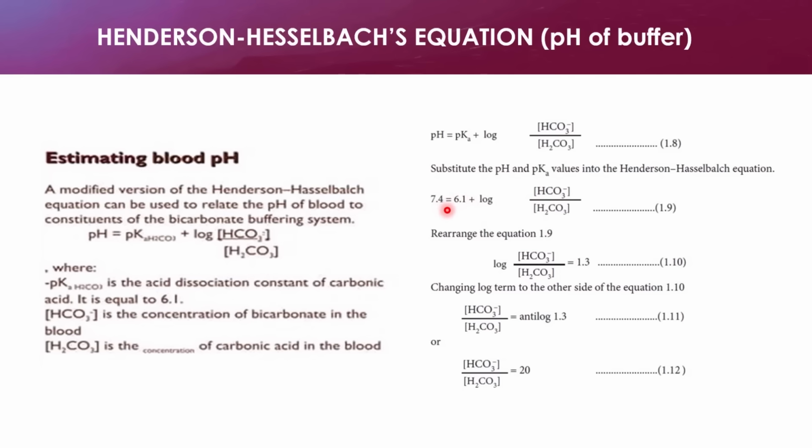Rearranging this, the concentration of this divided by this should be equal to 20, as equation 1.12.